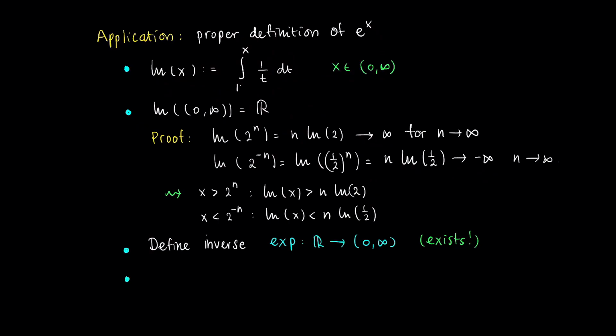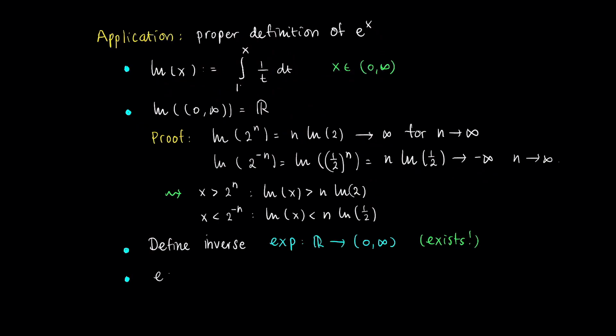Also, the inverse function theorem tells us something more. If we focus on a fixed point, like we did in the inverse function theorem, we know that the derivative of the logarithm at some arbitrary point a is 1 over a. And since a belongs to the domain 0 to infinity, this derivative is always larger than 0, so the logarithm is a strictly increasing function.